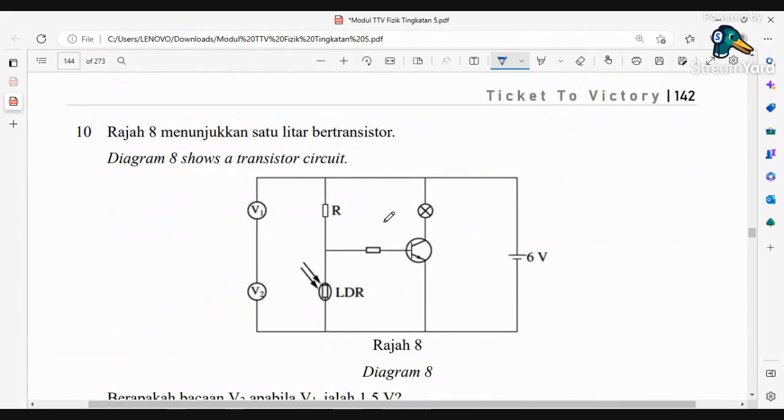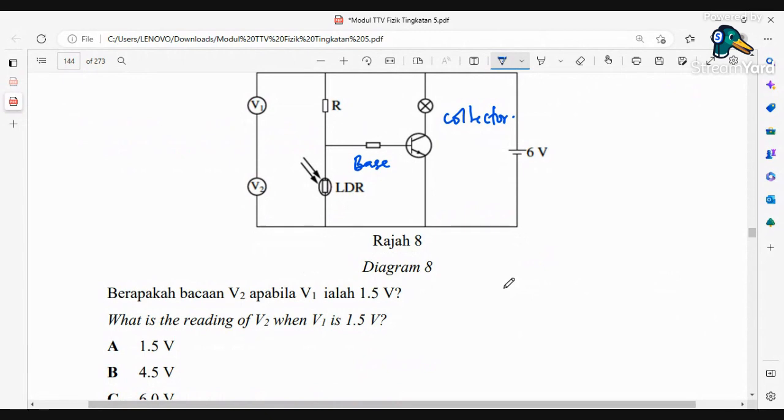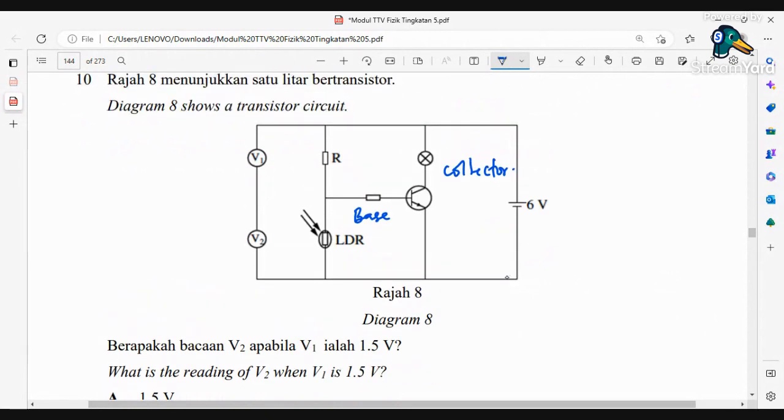Number 10, a transistor circuit. You can see this is an LDR, resistor R, and a bulb here. There are two circuits here, the base circuit and the collector circuit. V1 and V2, we call it a potential divider. What is the reading of V2 when V1 is 1.5?